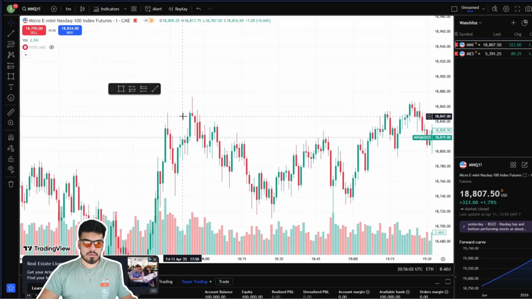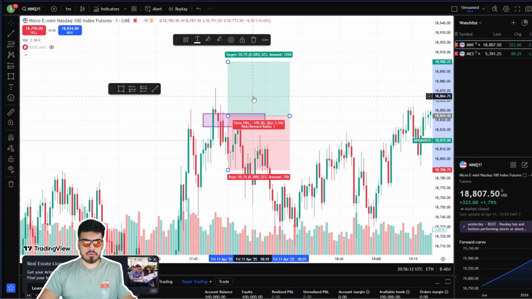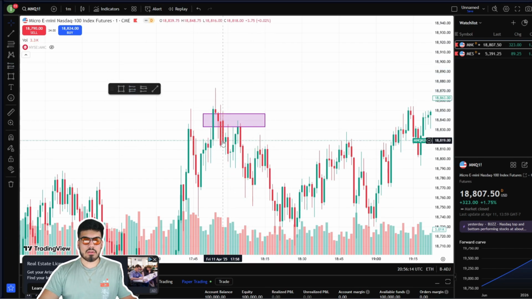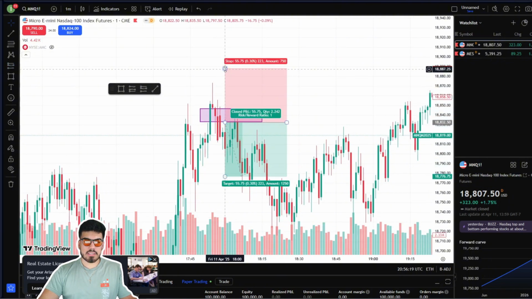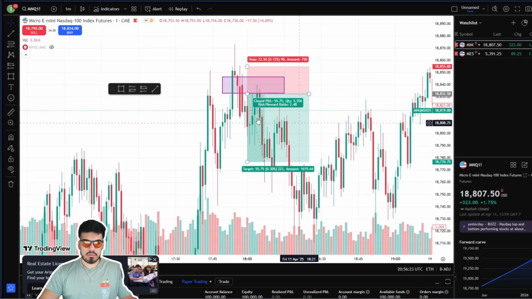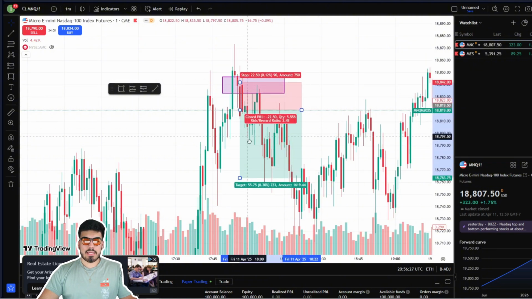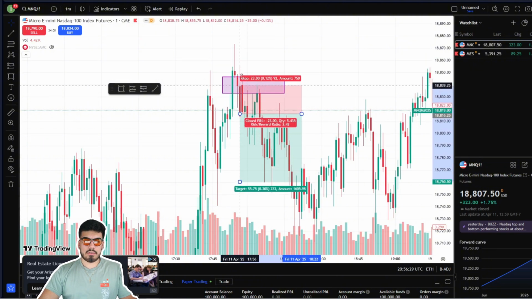I mark out the fair value gap with my box right here. Now, what happened? It didn't go up. It was supposed to go up. That's what they do, right? Well, this one is called an inverse fair value gap. Instead of going towards it and bouncing upwards, the green fair value gap, it went downwards. So instead of touching it and going up, it closed below right here.